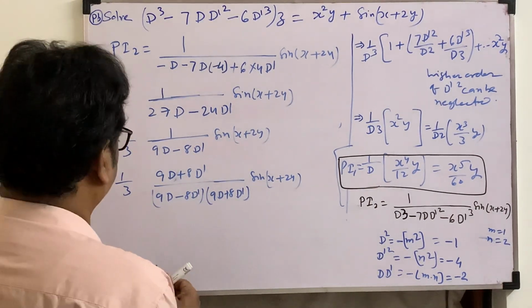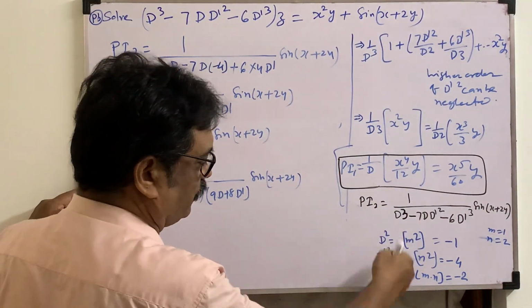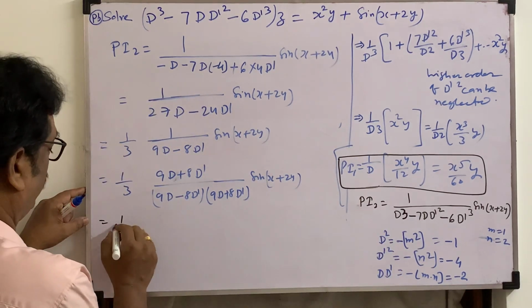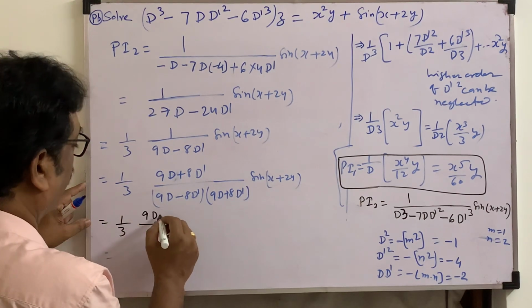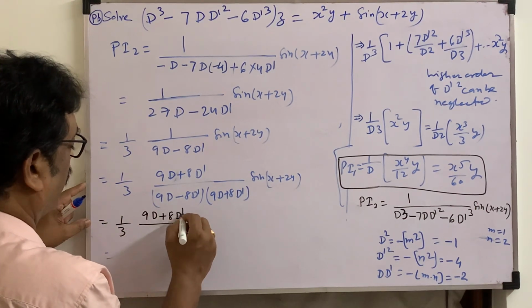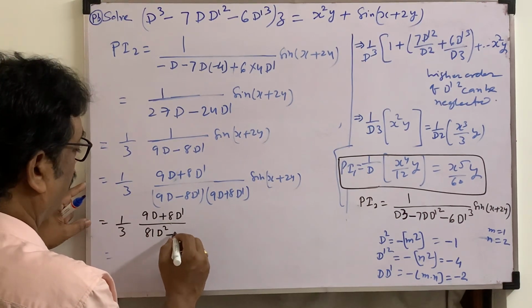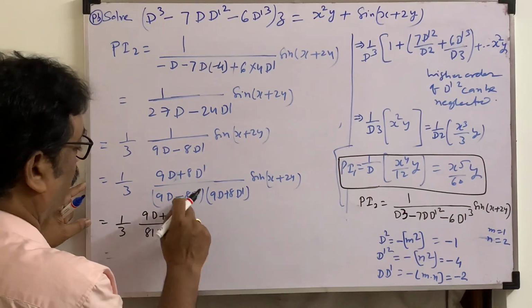Because we needed square terms in the denominator, because trigonometric terms we are substituting in this format D square, D dash square. So here 1 by 3, 9D plus 8D dash as it is, but here 81D square minus 64D dash square.